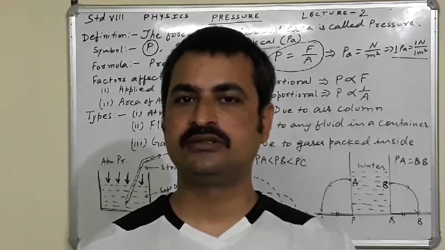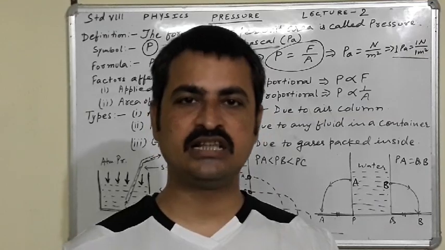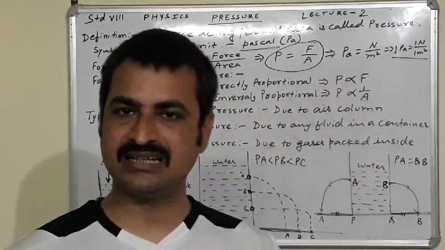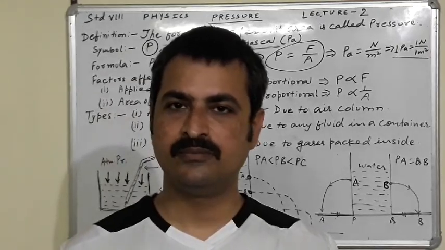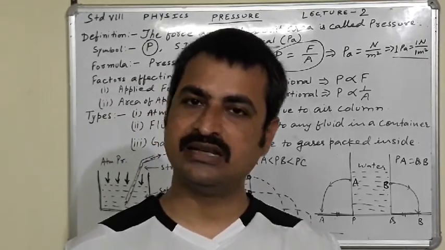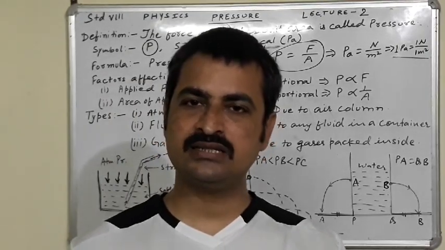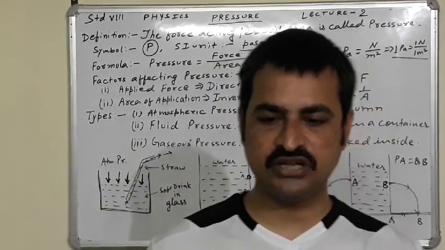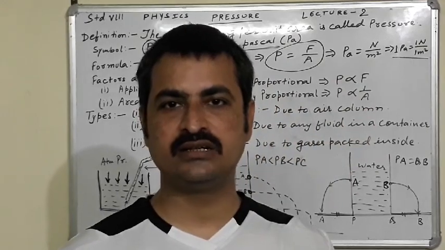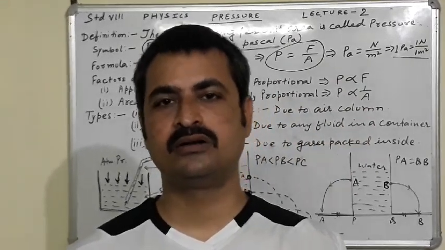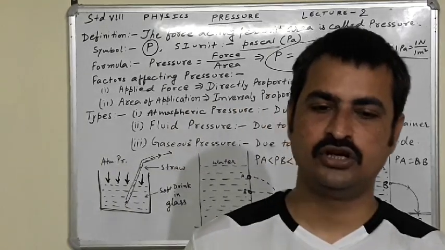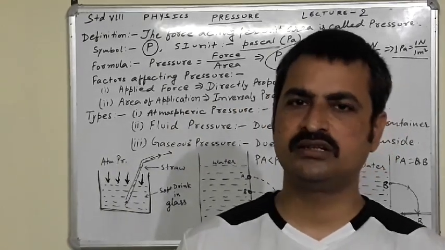In an LPG cylinder, we have liquid gas, but that is exerting pressure all over the walls. In a fire extinguisher, there is also some gas. Whatever the material is, it will exert pressure, and that pressure depends upon the nature of the material placed in it. So just go through it.